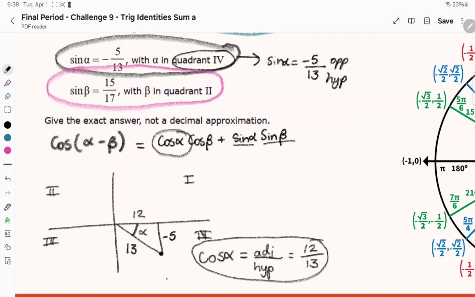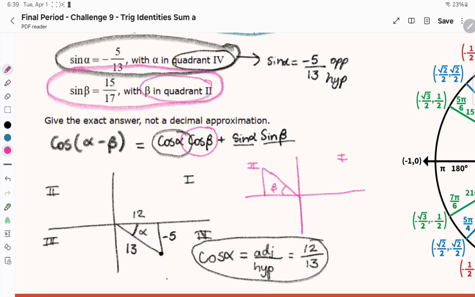Now I need to do the exact same thing, but for the cosine of beta. So I'm gonna do it on a different drawing, over here. And it says that beta is in quadrant 2. So 1, 2, it's gonna be here. Beta.